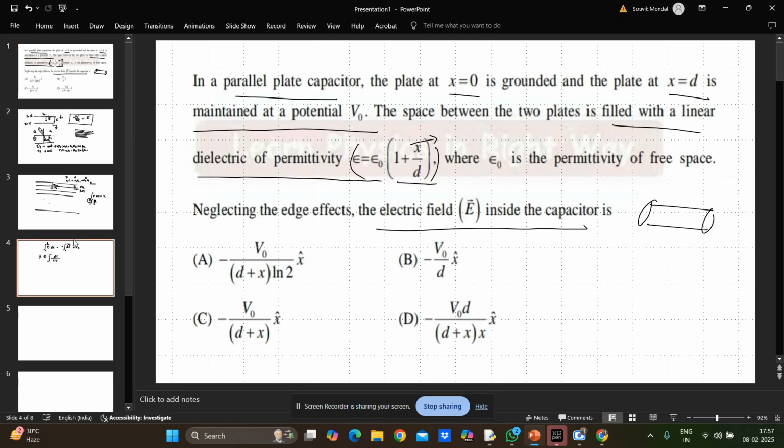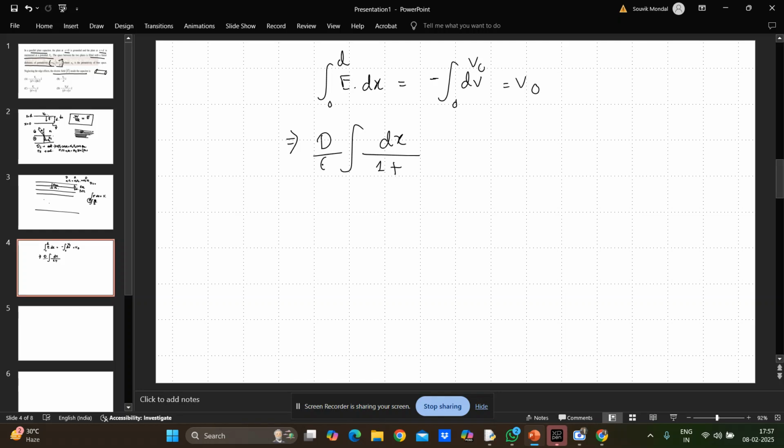Epsilon is epsilon naught times 1 plus x by d, integrated from 0 to d, equal to minus V naught. Okay, so you can now simply do the integral, that will give you log 2 with a d, I guess.